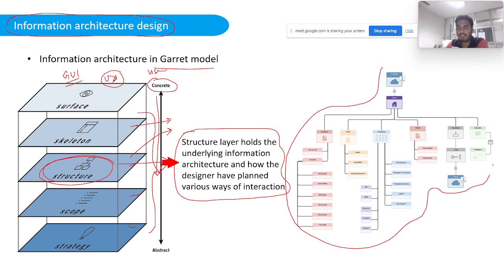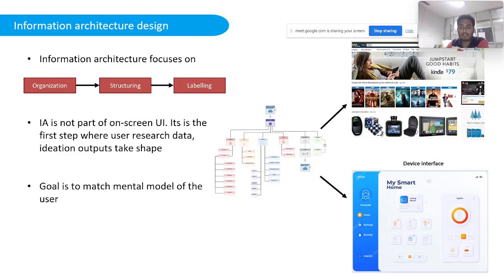Okay, so this is what we call information architecture. Basically, information architecture is about organizing various information, various essential functionings, and grouping them into various structures and hierarchies.